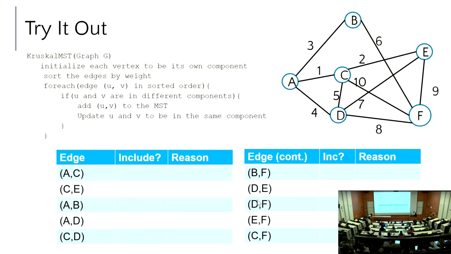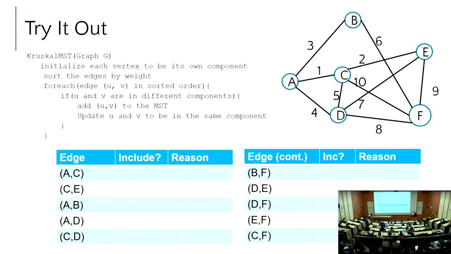And then finally, I look at C and D, and I ask myself, this edge 5 between C and D, is that going to expand the connectivity of my edges? Or are C and D already in some way connected together, and thus I don't need this edge?